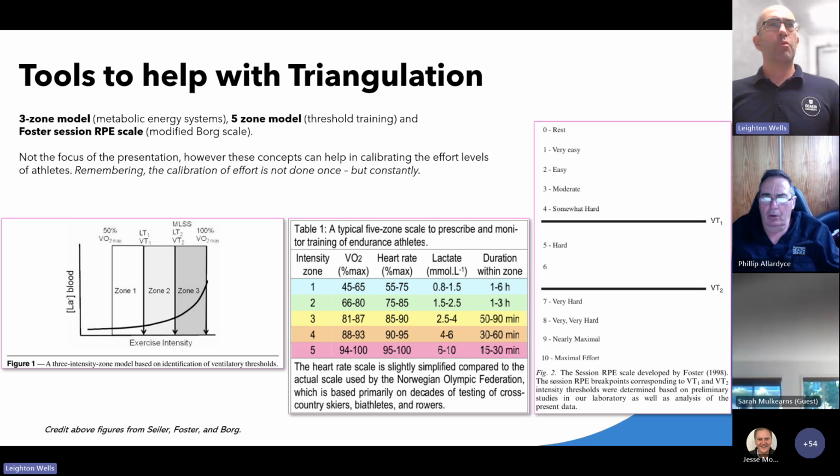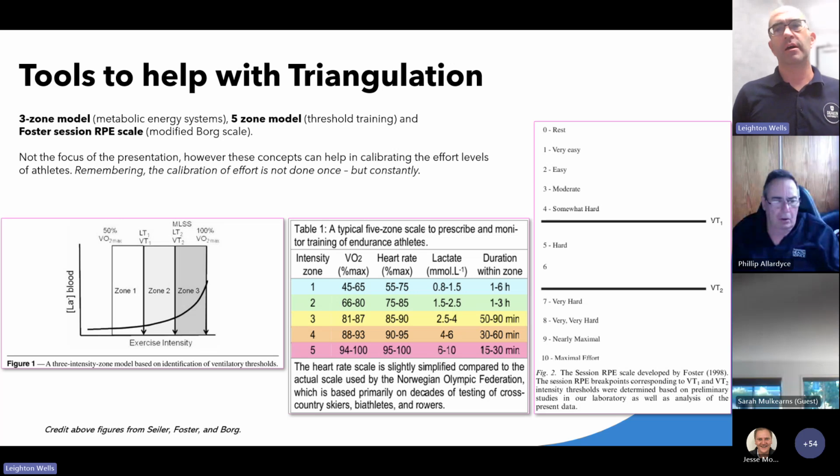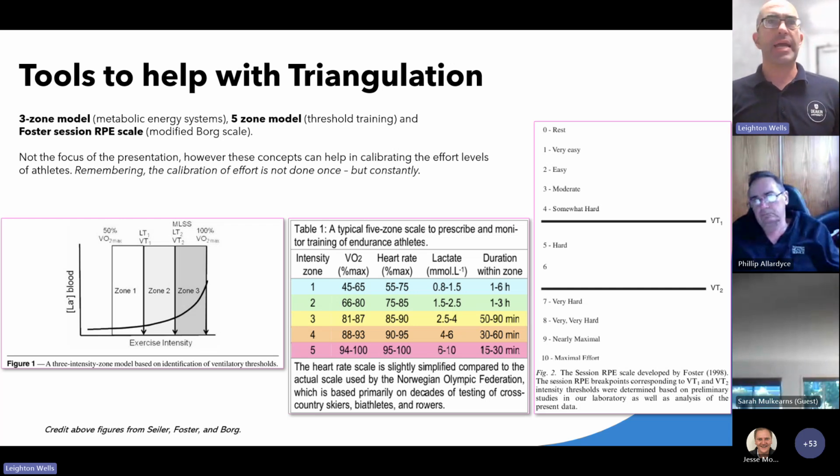Second to last slide, I want to draw your attention to some tools based on papers from Stephen Seiler, Carl Foster, and Gunnar Borg, all of whom are well known in the endurance sport space in academia. We talk about, traditionally in academic papers, 3 training zones that largely relate to energy systems or energy metabolism.